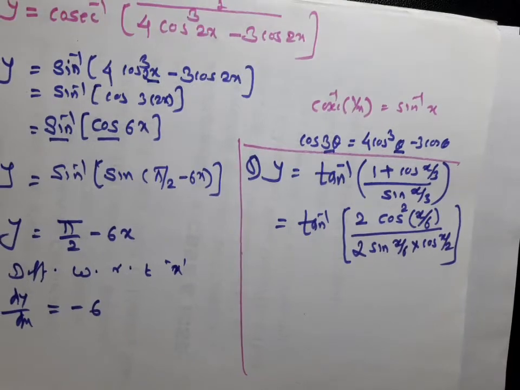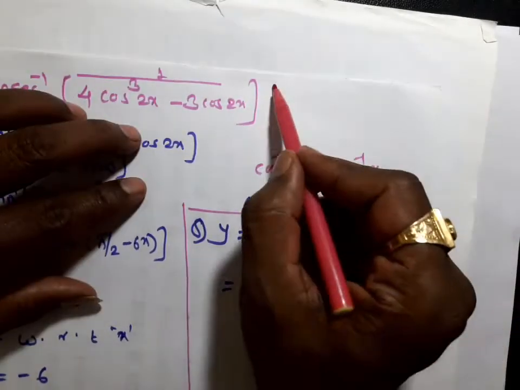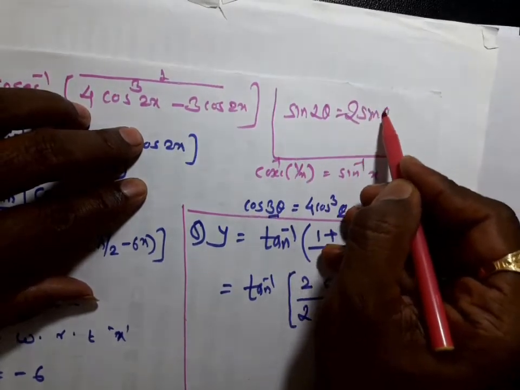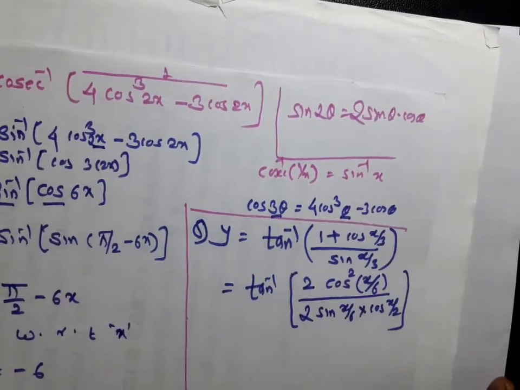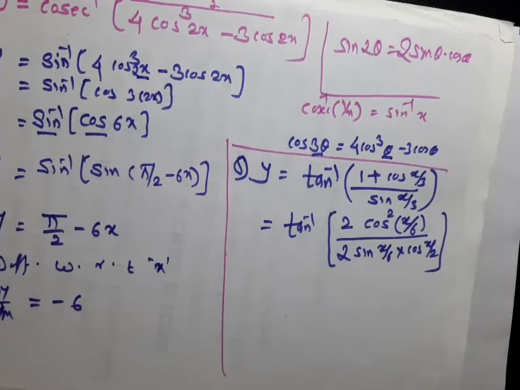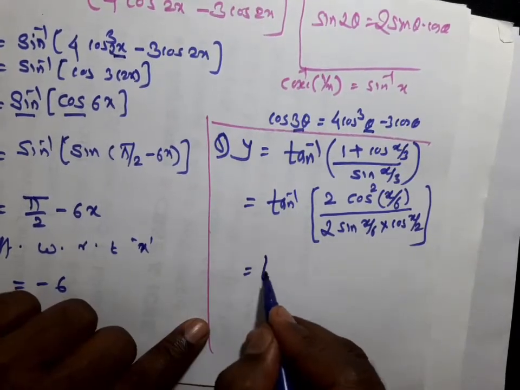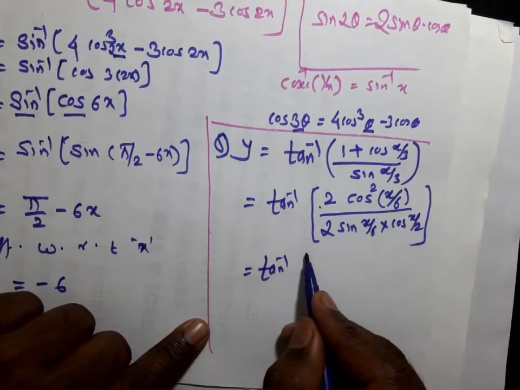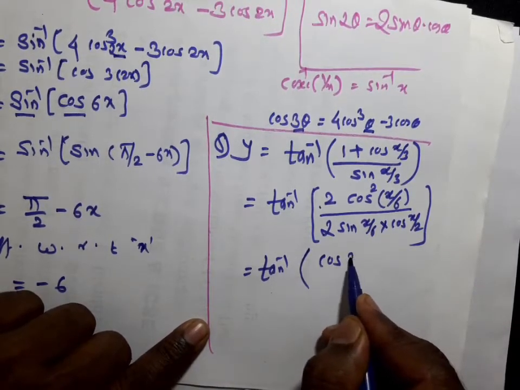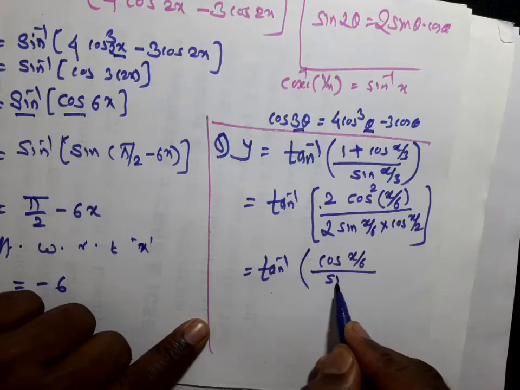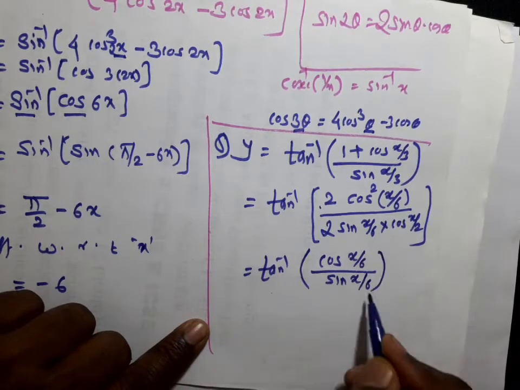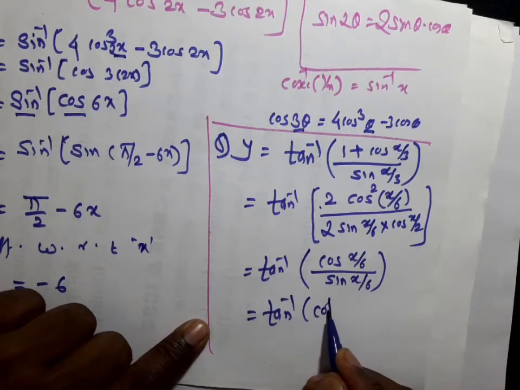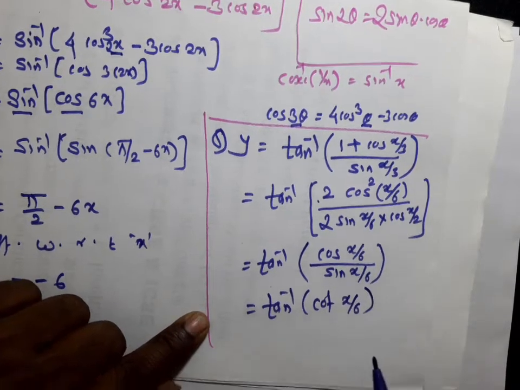Which formula I use? I use the formula sin 2 theta is 2 sin theta into cos theta. So then next step is tan inverse, 2 cancel, 1 cos cancel, it is cos x by 6 upon sin x by 6, that is tan inverse of cot x by 6.